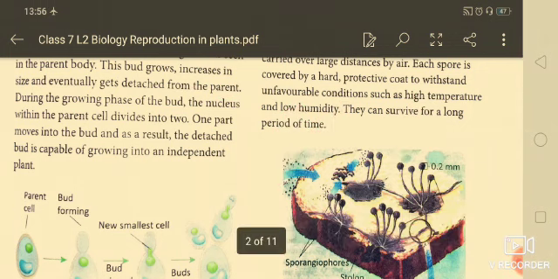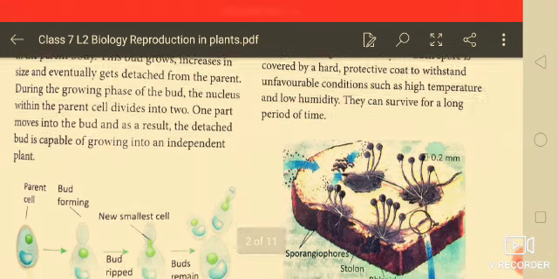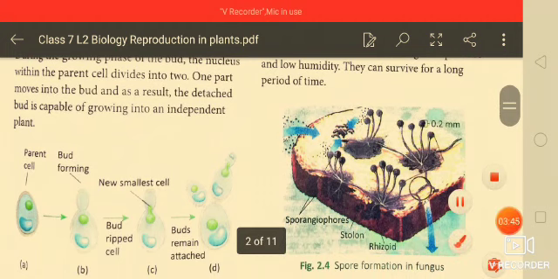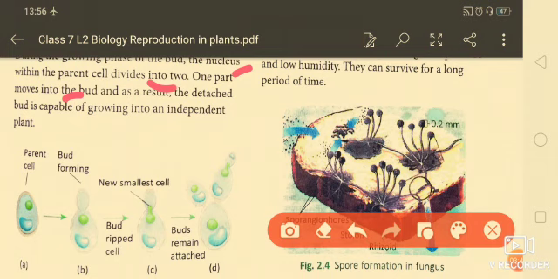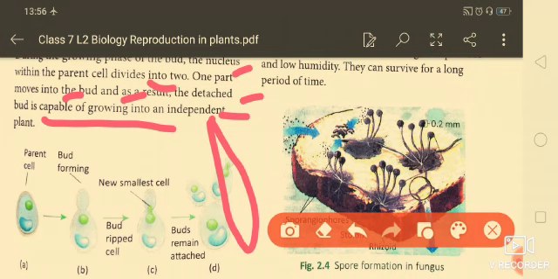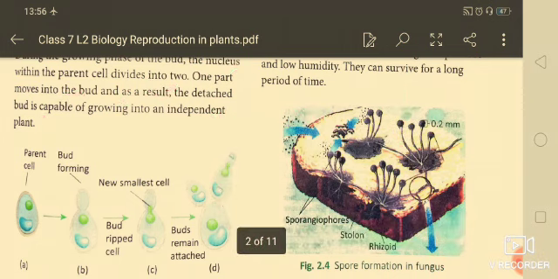Okay. So the new one will be produced through the bud and the nucleus within the parent cell divides into two and one part moves into the bud, and the detached bud is capable of growing into an independent plant. Suppose this one is a plant, so here a bud will form and this bud will separate and produce a new plant.